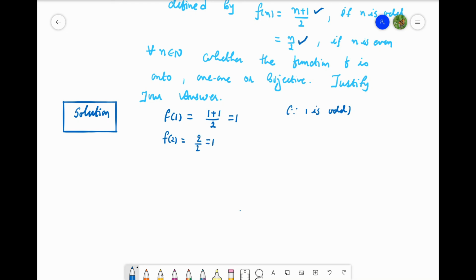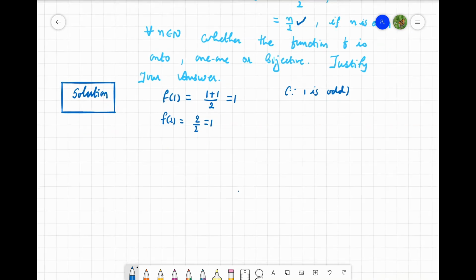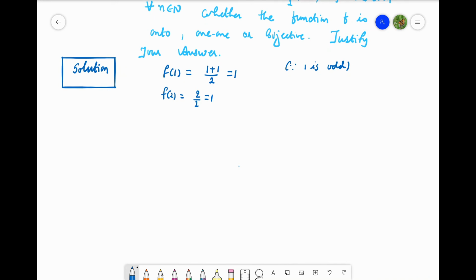So easily you can get an idea. 1 not equal to 2, elements are distinct but images are same. Thus 1 not equal to 2, but f of 1 equal to f of 2, and therefore f is many one.